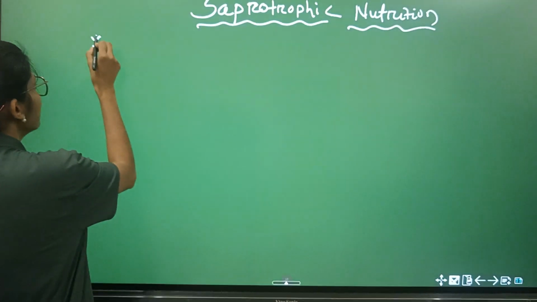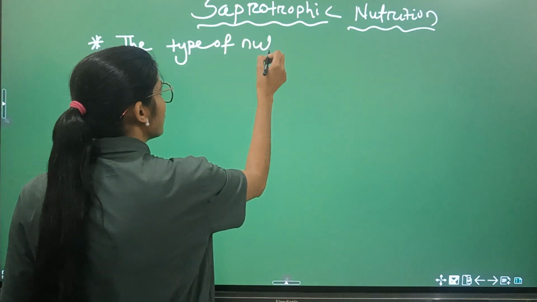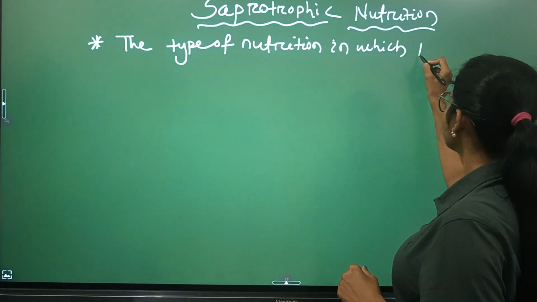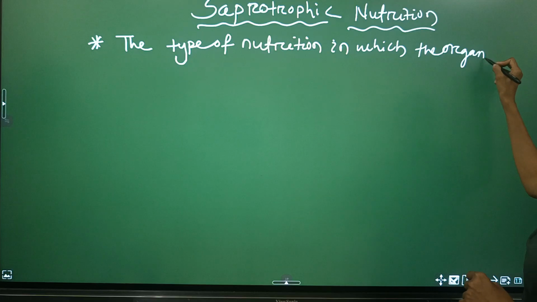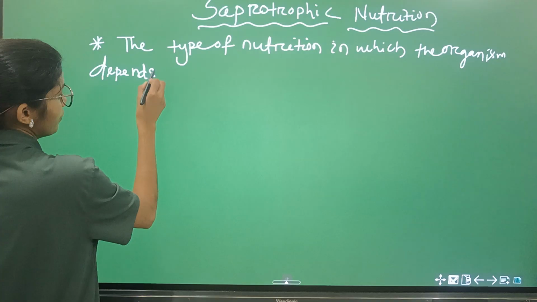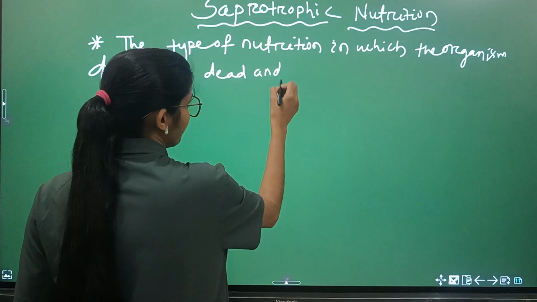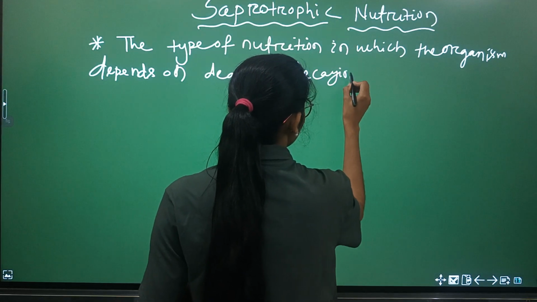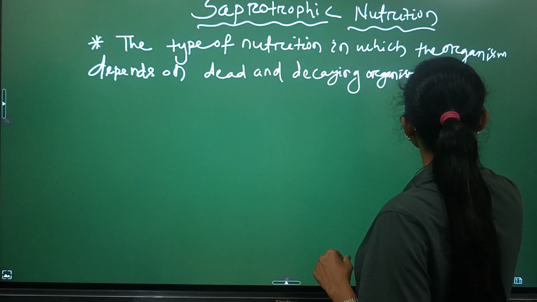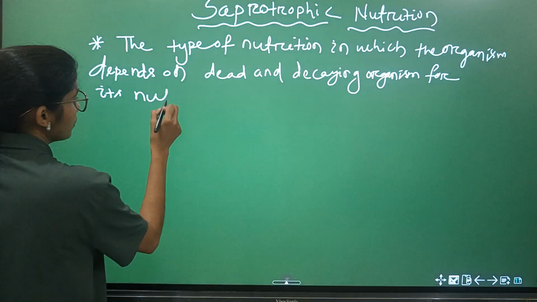So what is saprotrophic nutrition? The type of nutrition in which the organism depends on dead and decaying organisms for its nutrition.